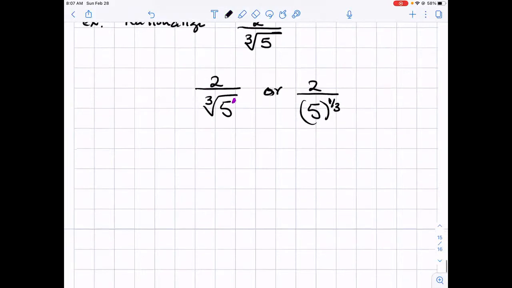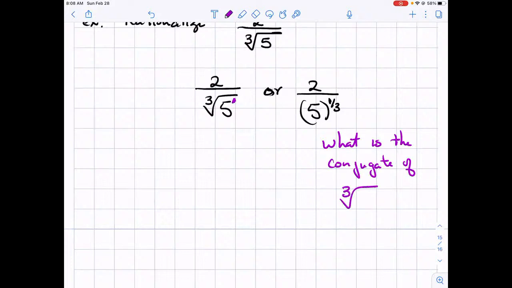So the question is, how do we rationalize it? What is the conjugate? And that's the key point. What is the conjugate of the cube root of 5, which is the same as 5 to the 1/3 power? That's a big question. This is the question.